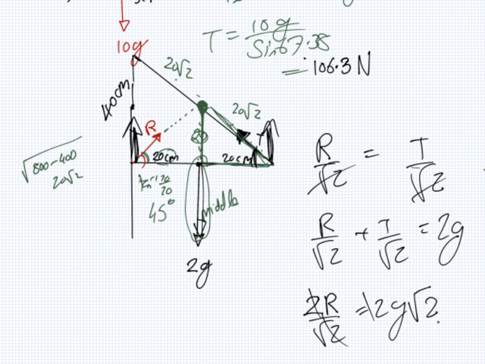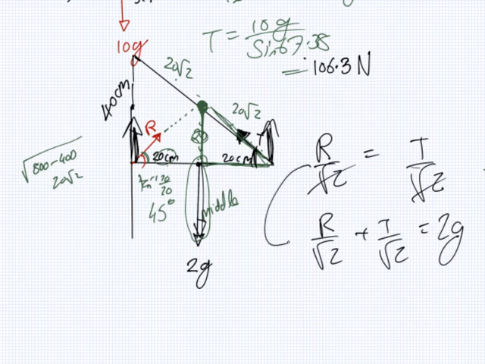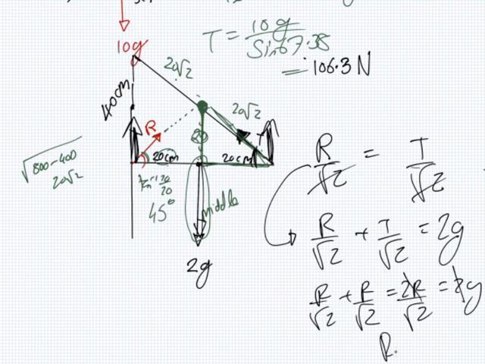If I put this in here, I can say R over root 2 plus R over root 2, which is 2R over root 2, which equals 2g. The 2's cancel, so R is root 2g. Well look, it's simple. What's root 2g? And we'll check if it's the same answer.